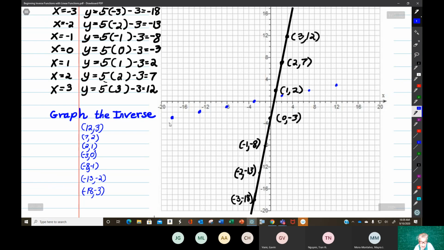Okay, so I'm actually going to take the time to write this because this is how people hundreds of years ago were able to graph the inverses without knowing what they were, without having the formula.